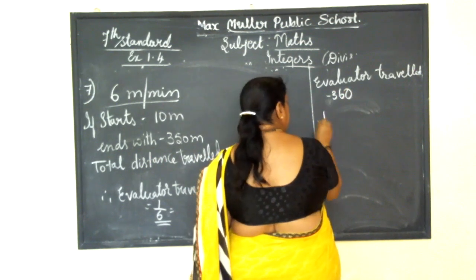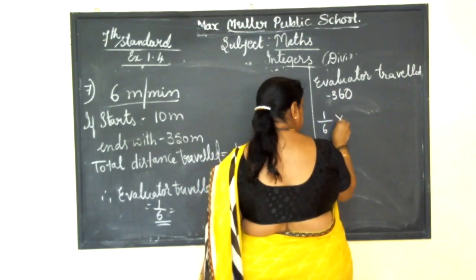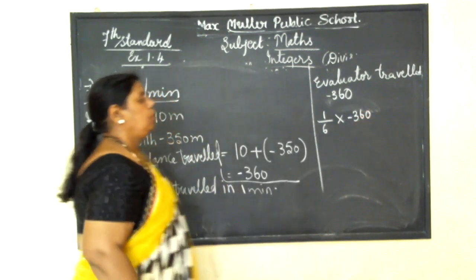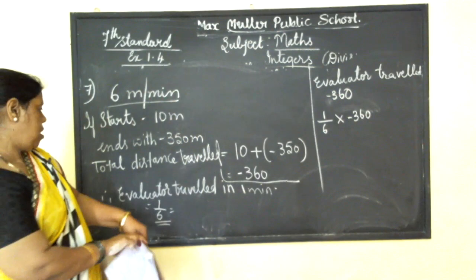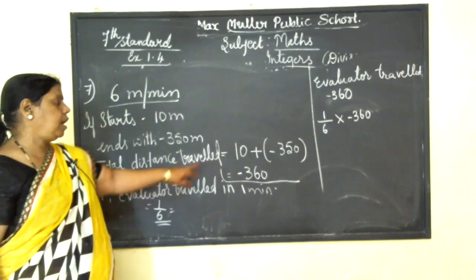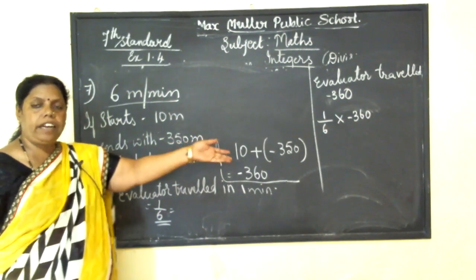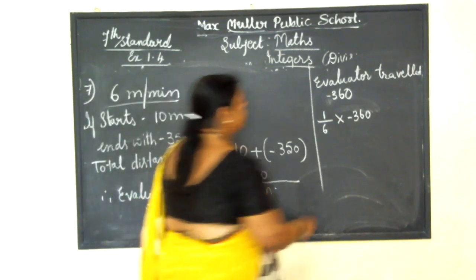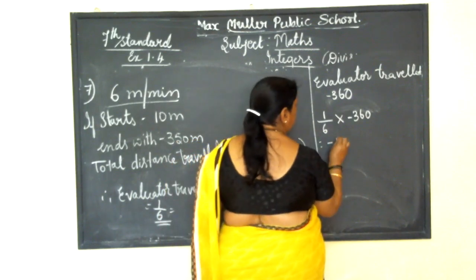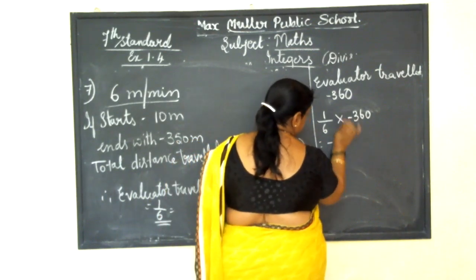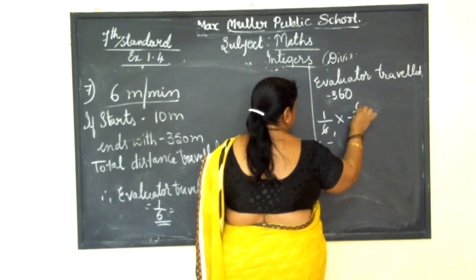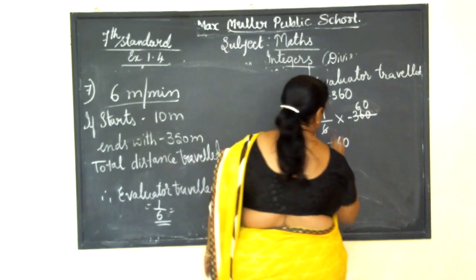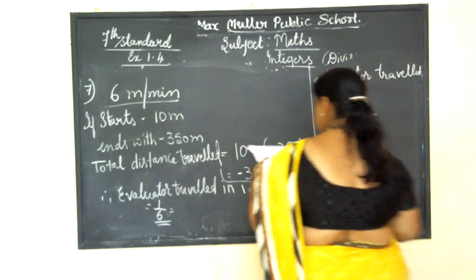Okay, 1 by 6 into minus 360. You have to write it like this. Per minute means we can directly divide it by 6. So it will come as 60. 6 ones are 6, 6 sixes are 36, 6 zeros are 0. So 60 minutes.